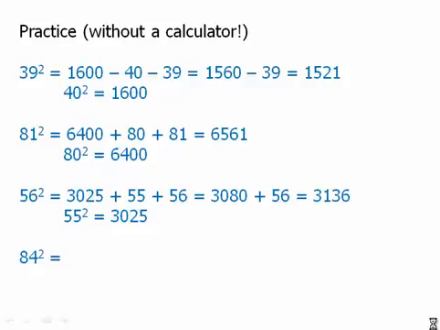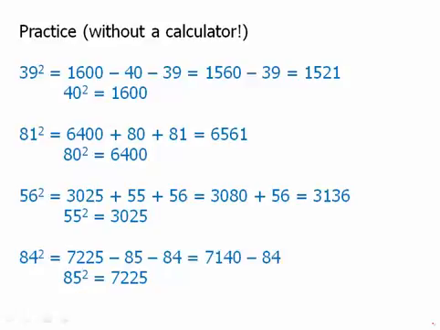84 squared. Well, first we'd need to find 85 squared. 85 is between 80 and 90. Drop the zeros, so that's 8 and 9. 8 times 9 is 72. Put that in front of 25, 72, 25. That's 85 squared. From there, we're going to subtract 85, then subtract 84. Okay, a bit tricky. I'll start by subtracting the 5s, then subtract the 8. 22 minus 8 is 14.